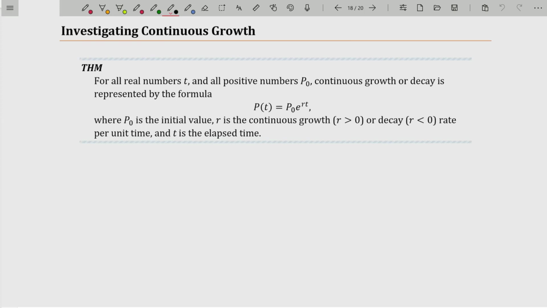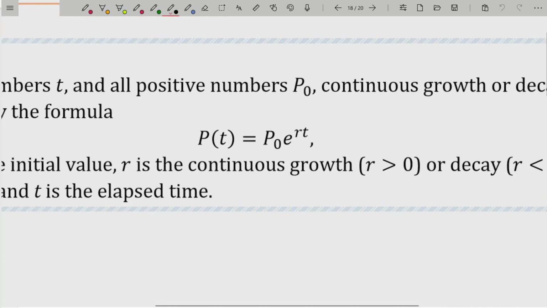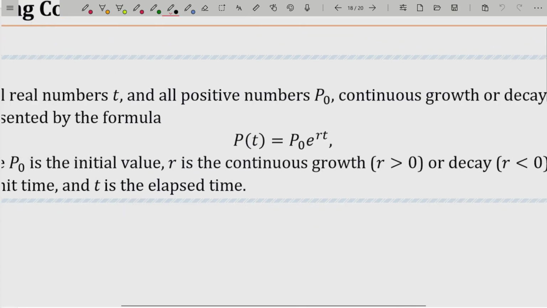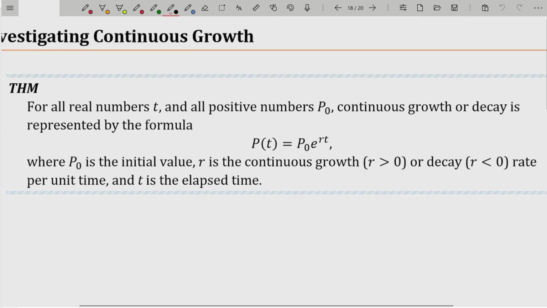For all real numbers t and all positive numbers p naught, continuous growth or decay is represented by that famous formula that all algebra students know, PERT. P of t is equal to p naught e to the rt. So the initial value is p naught. R is considered to be a growth rate if R is positive.